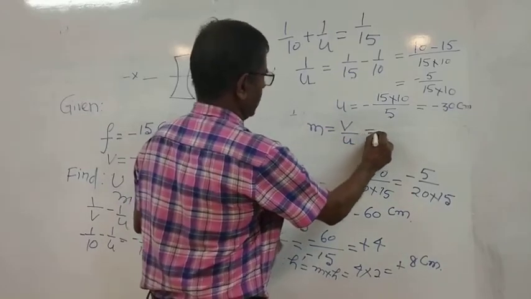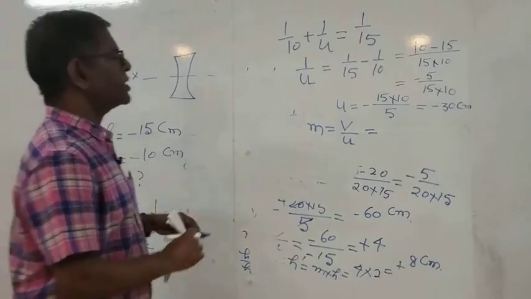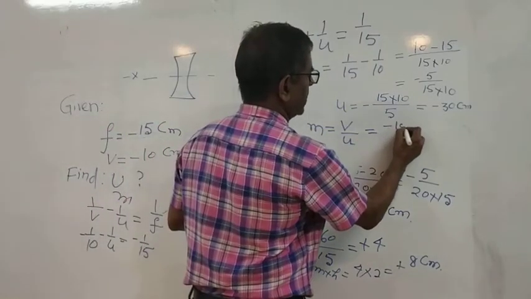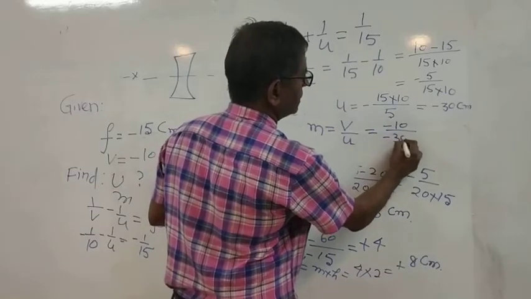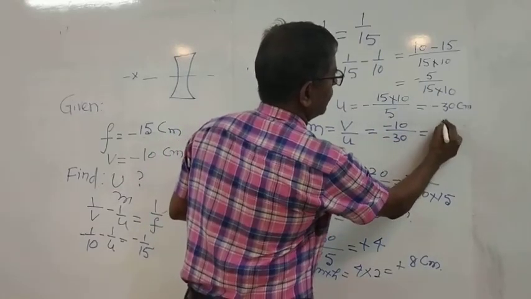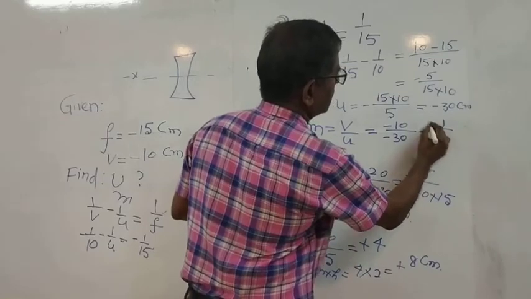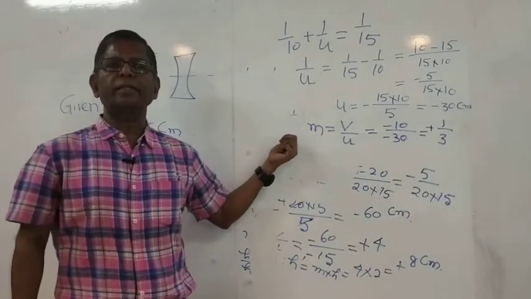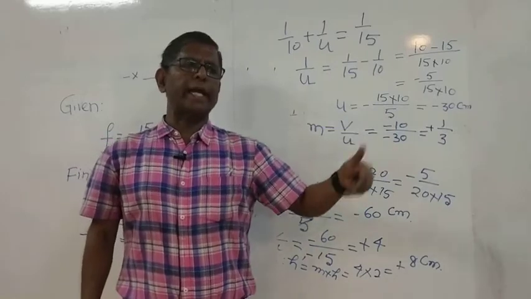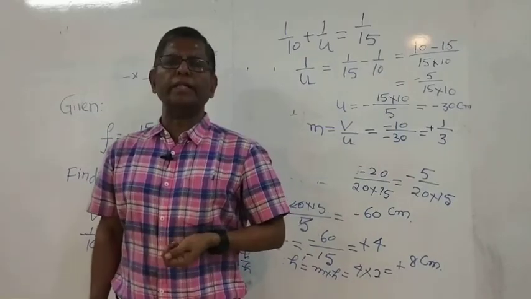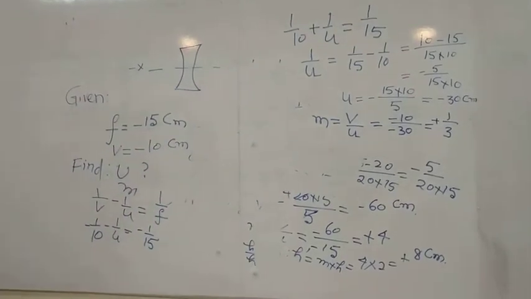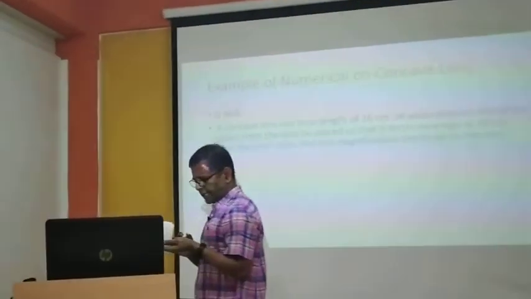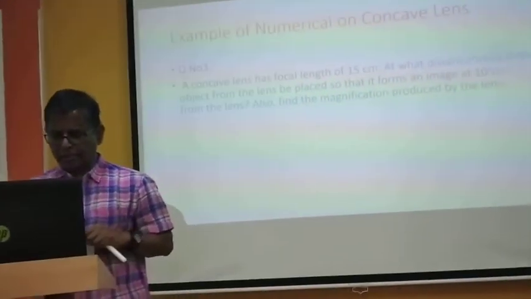So V is negative, minus 10, divided by U, U also is negative, minus 30, so it means 1 by 3. So what does the positive sign indicate? It is virtual, and the size is reduced because the magnification is less than 1. So the answer is the image is virtual, demagnified, and the object distance is 30 centimeter.